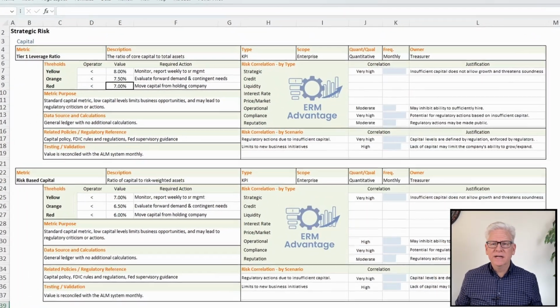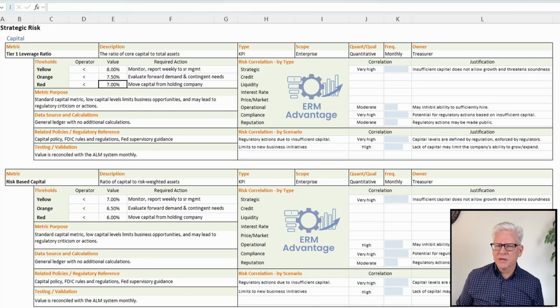So let's go through these key data points or metadata associated with all of our key metrics. Now, one thing that's important to understand here is that to many people, the metric owners in particular, this information may seem really obvious. At first, some people may push back saying, what's the point of this?